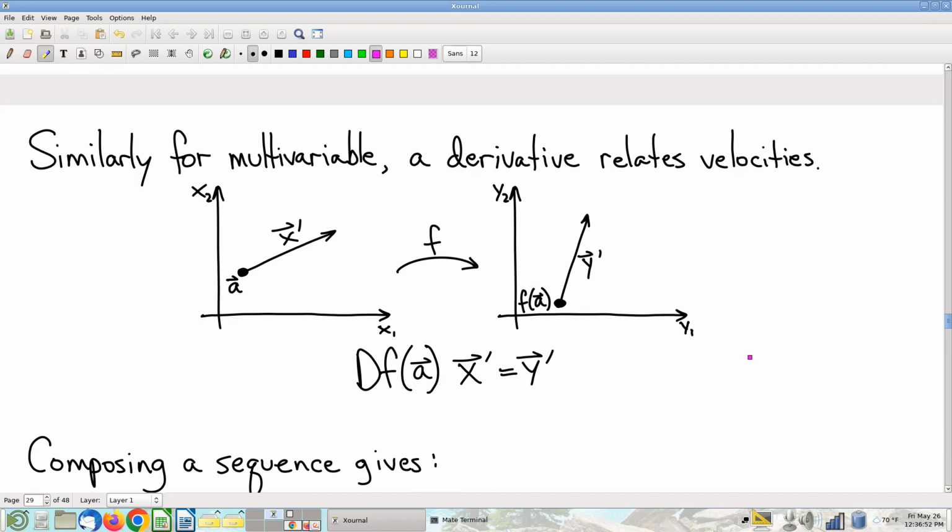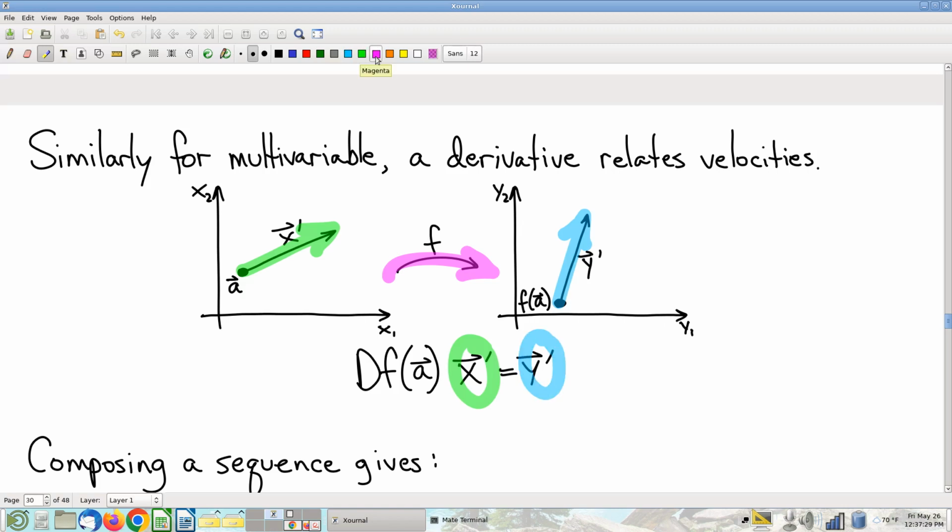So let me remind you again, we have a lot of different points of view on multivariable derivatives. Various different interpretations, geometric and algebraic and otherwise. But the one I want to take is that if you have a multivariable function, if you have an input velocity, so your input point is moving with some known velocity. And that, of course, results in the output moving with, let's say, some velocity. We know what you have to do to the input velocity to get the output velocity.